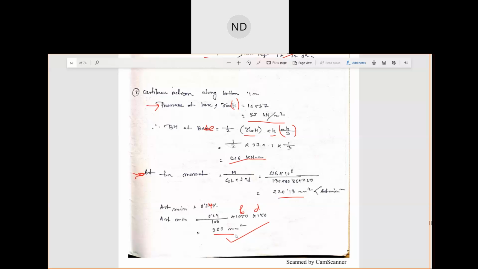So we'll put it on each face in the vertical direction. So this is 360 mm square on each face in the vertical direction.